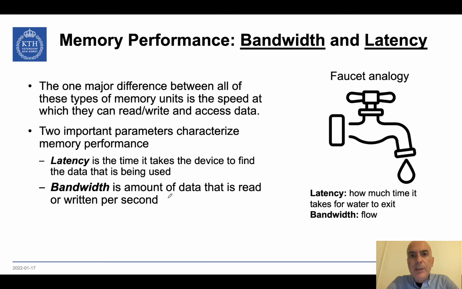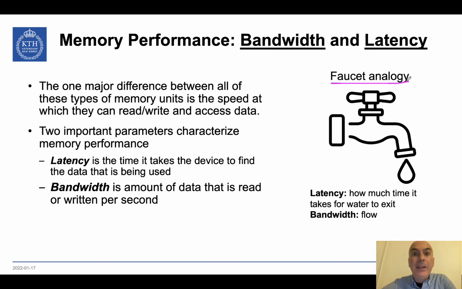The second important number is the bandwidth. Bandwidth is the amount of data that is read or written per second. When talking about the bandwidth and latency parameters, it is often useful to think about the faucet analogy.